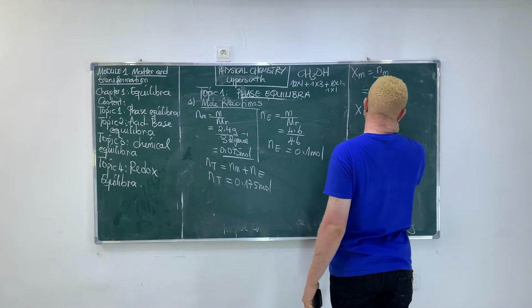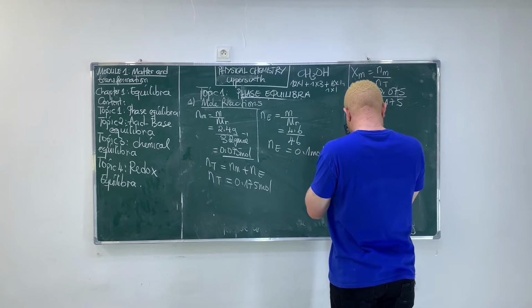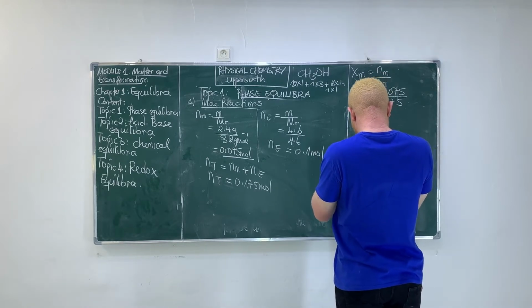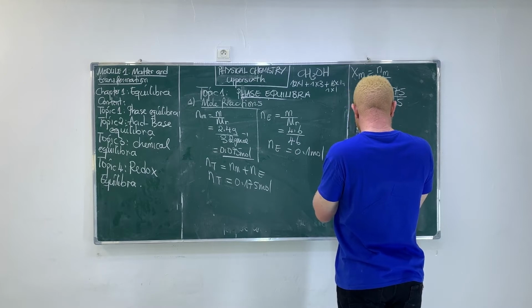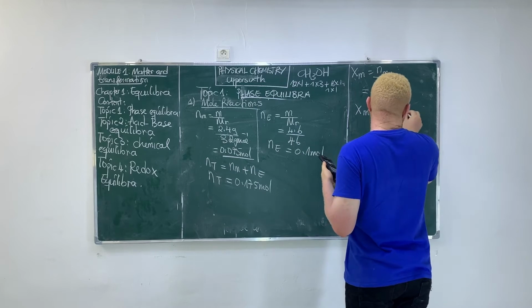X of methanol equals 0.075 divided by 0.175, equals 0.43.